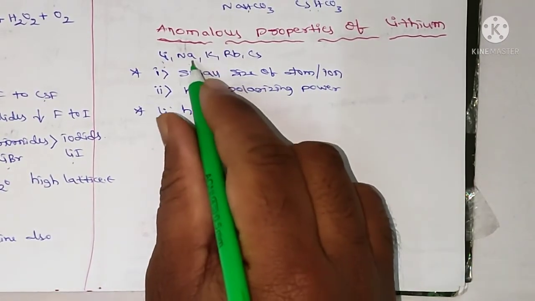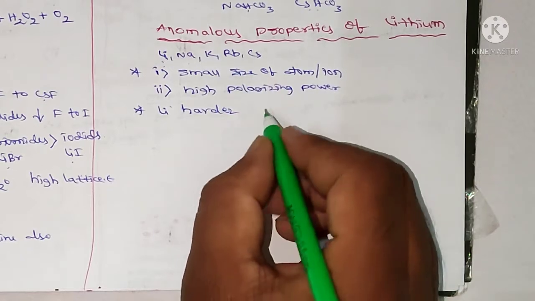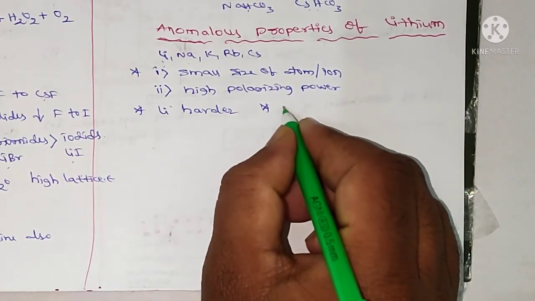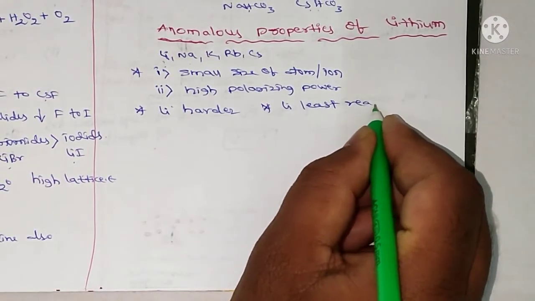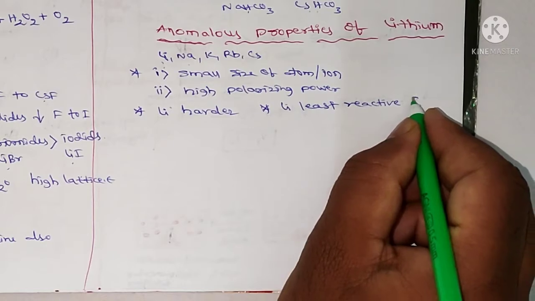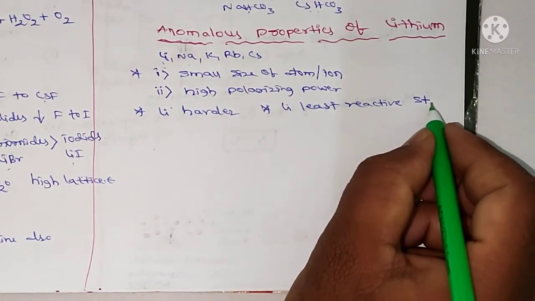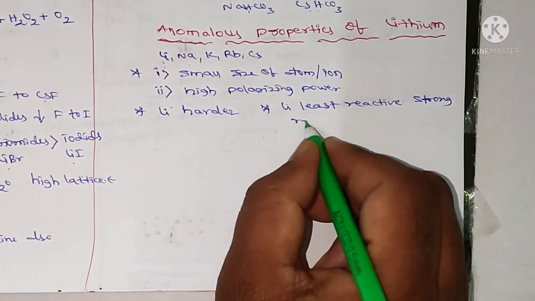The remaining metals from sodium to cesium are soft metals. And lithium is least reactive. Lithium is least reactive and a strong reducing agent compared to other alkali metals.